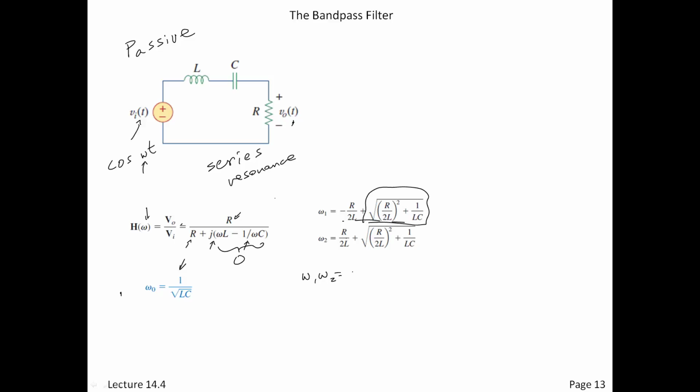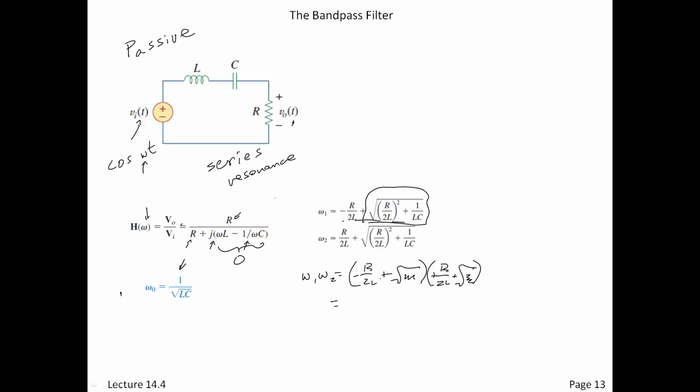We've got minus R over 2L plus this square root of something, times the same thing except plus R over 2L plus this square root of something, right?